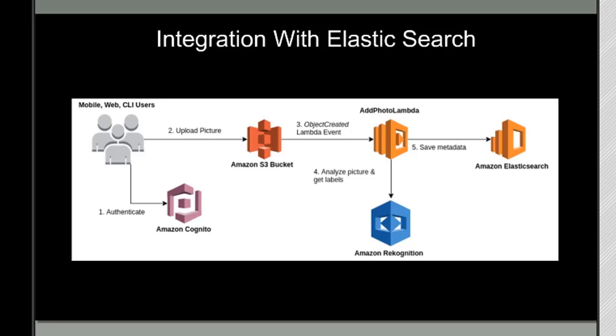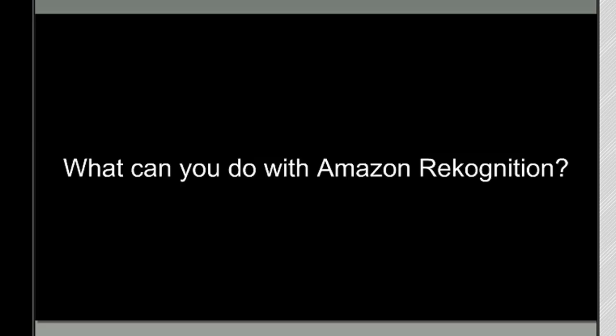And so we've seen a lot of these integrations going forth. You can see there a Lambda function called add photo Lambda, pushing that directly into Elasticsearch after picking it up from the bucket, running it through Rekognition, and then outputting it into the search cluster.